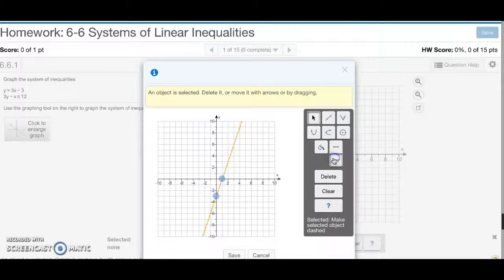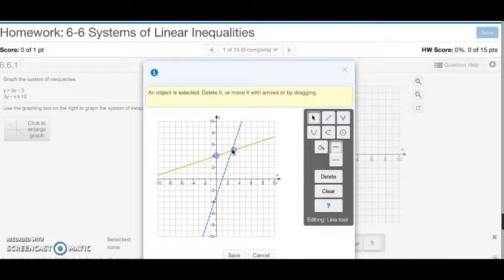That means I'm going to make the line dashed. Okay? Now, my second inequality will be a solid line, and I will be starting at 4, because remember the equation is y is less than or equal to 1 over 3x plus 4 when we solved it. So I start at 4, and I go up 1 over 1, 2, and 3.